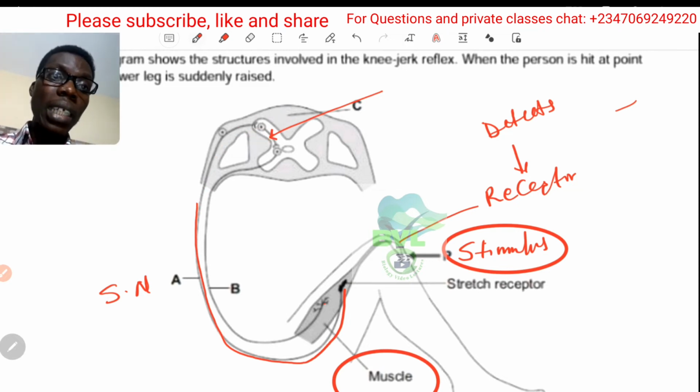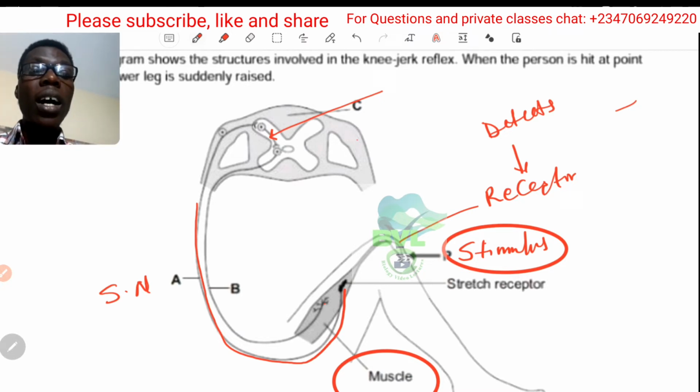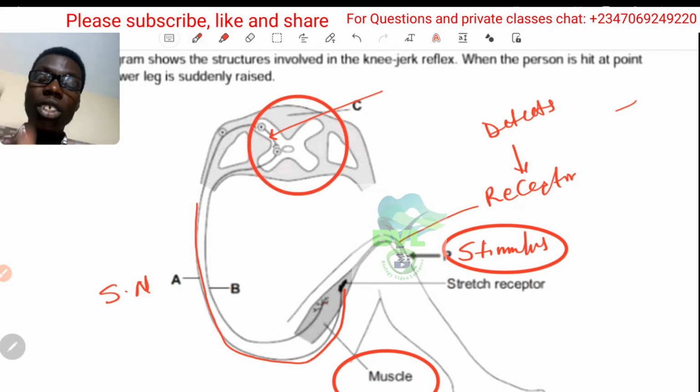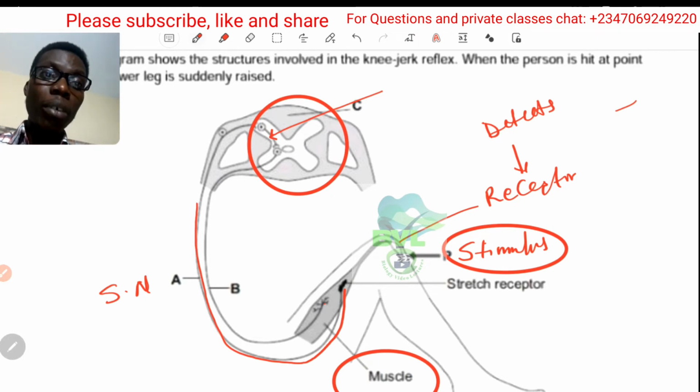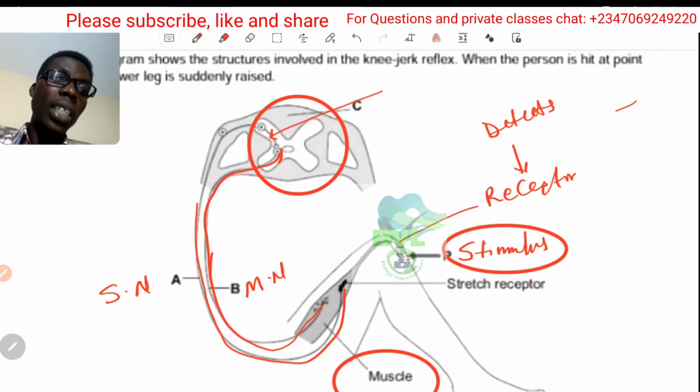The next thing is, in this instance, the coordinator is the spinal cord, which takes the decision, or which knows what is to be done, and sends information back through the what? The motor neuron. Then that goes on to the muscles, which is the effector.